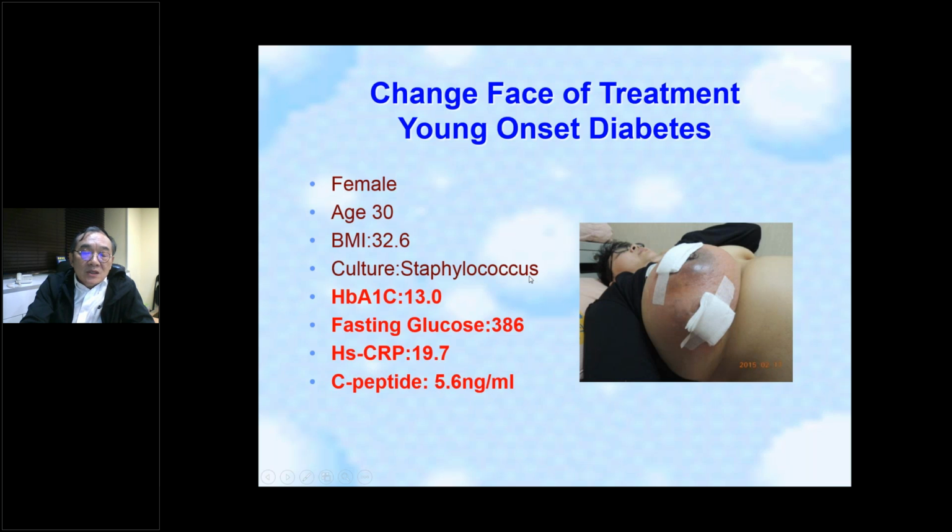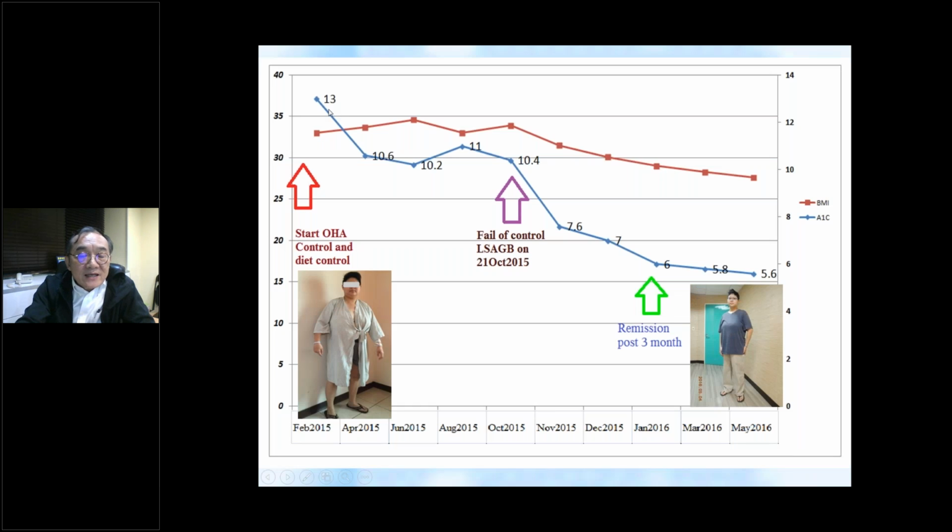So we treated the mastitis and started medical treatment, and after 6 months she still had very poorly controlled diabetes. So we provided a metabolic surgery, that is one anastomosis bypass.